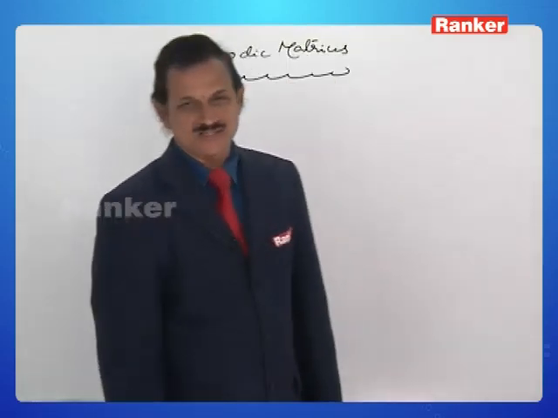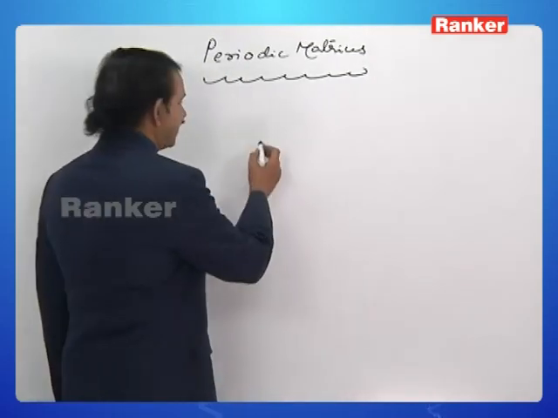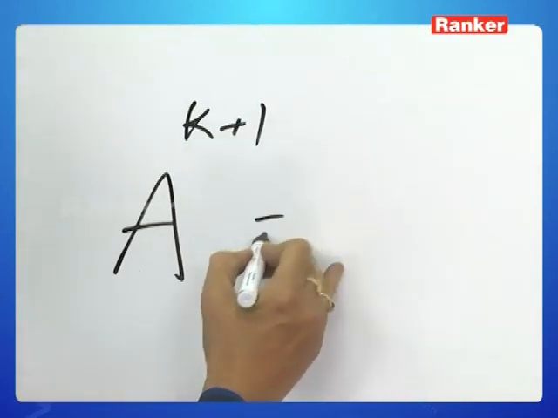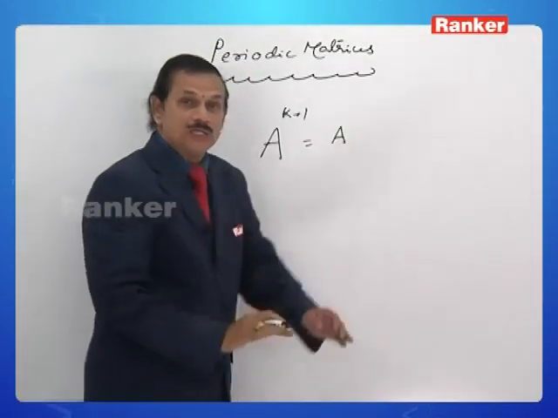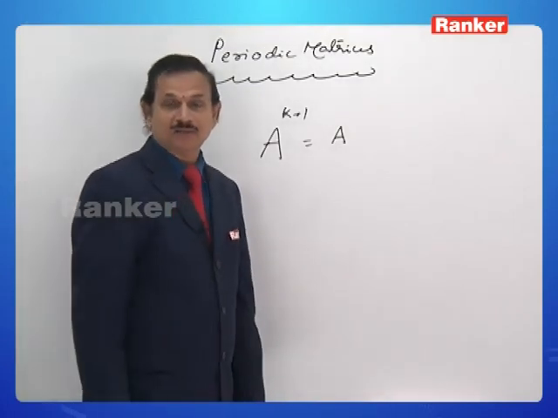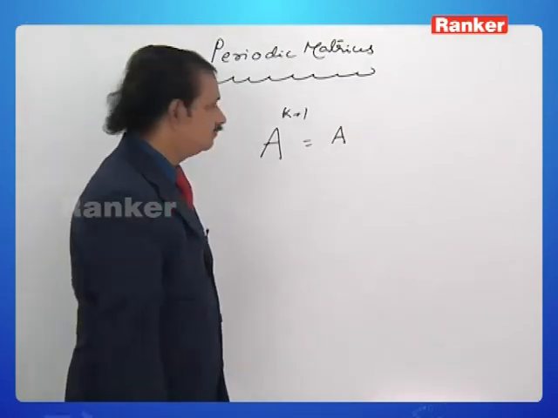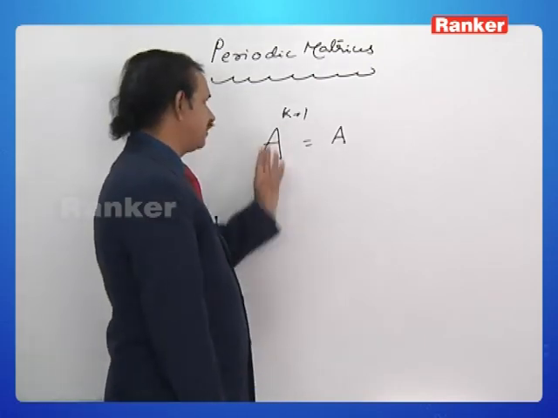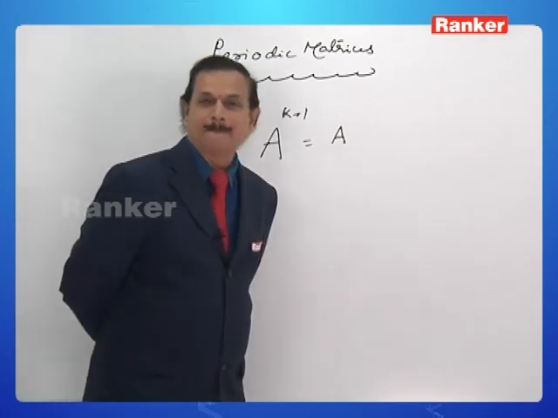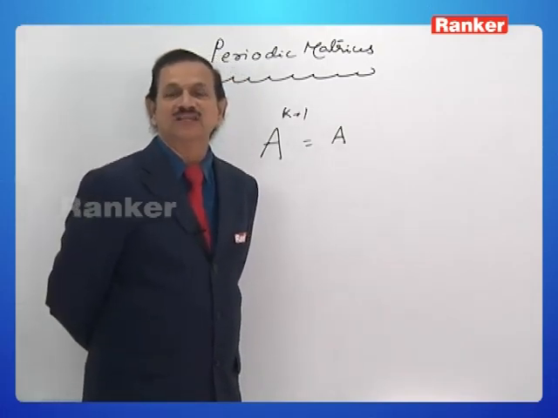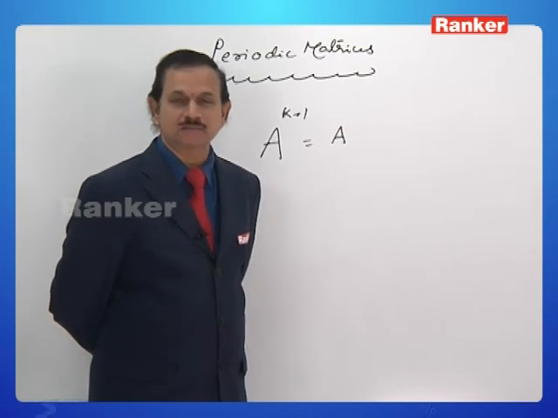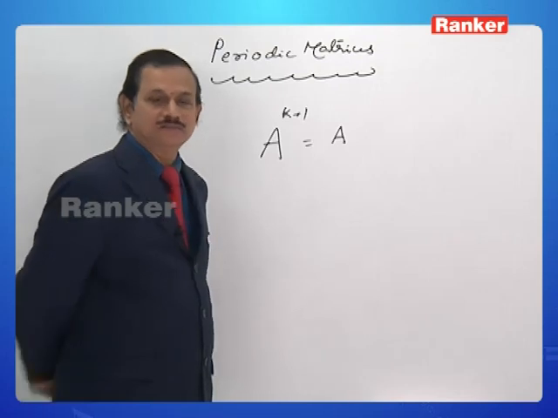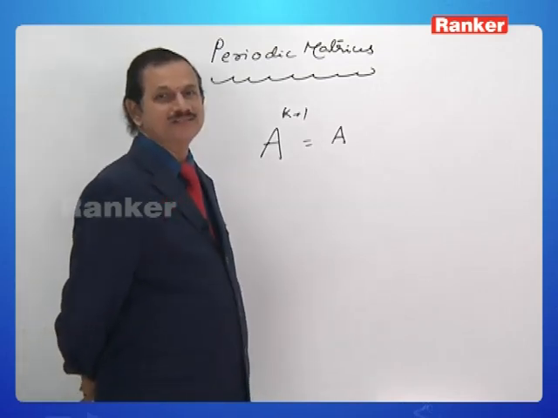Suppose there is a square matrix A such that A power k plus 1 is equal to A. If there is a positive integer k such that A power k plus 1 is equal to A, then A is said to be a periodic matrix, and the least such k is said to be the period of the matrix.